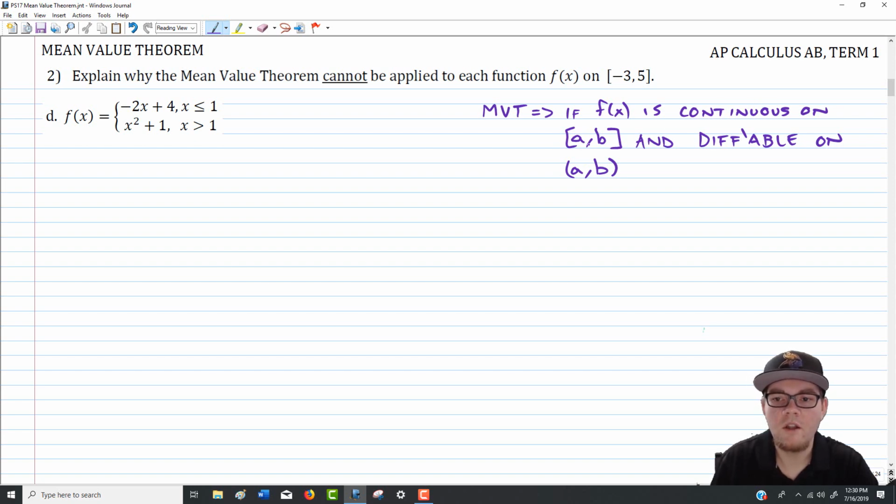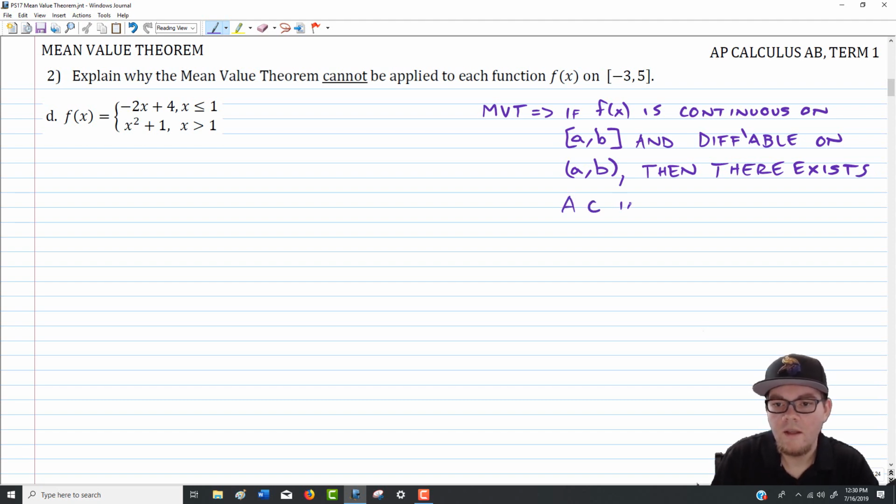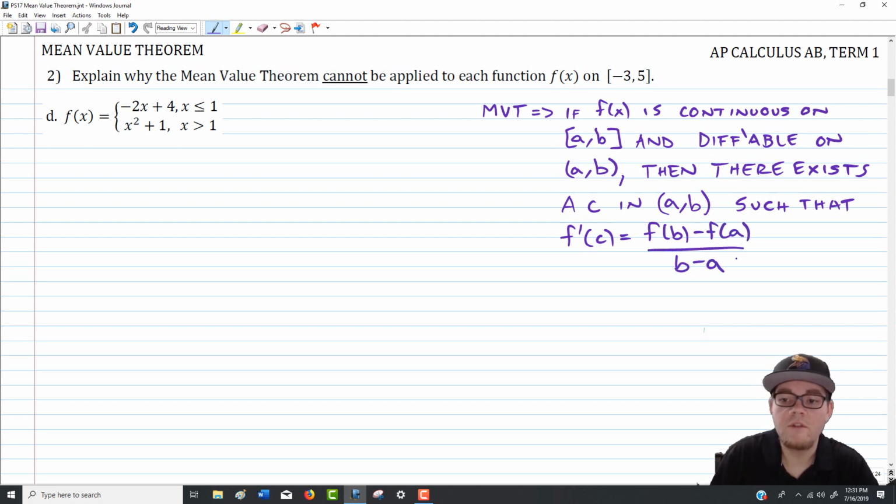If f is continuous on the closed interval and differentiable on the open interval, then there exists, so again this is an existence theorem, a c in (a, b) such that f'(c) is equal to the secant line slope, also known as the average rate of change.